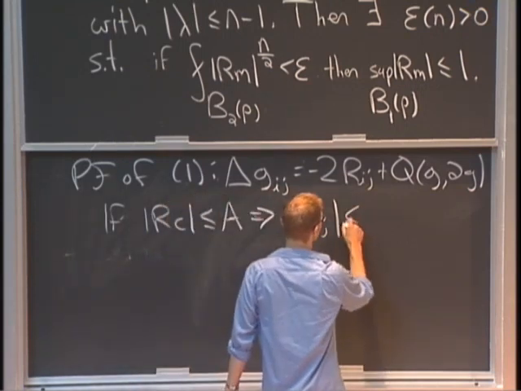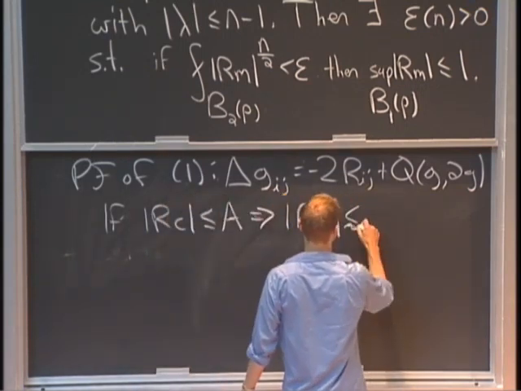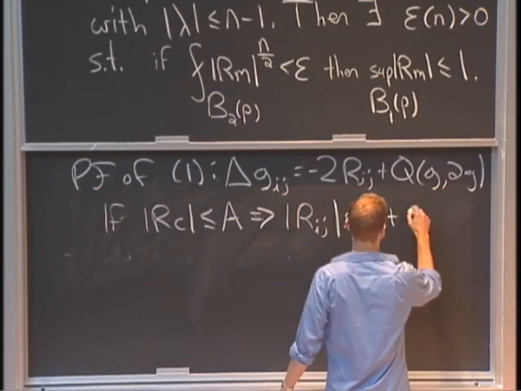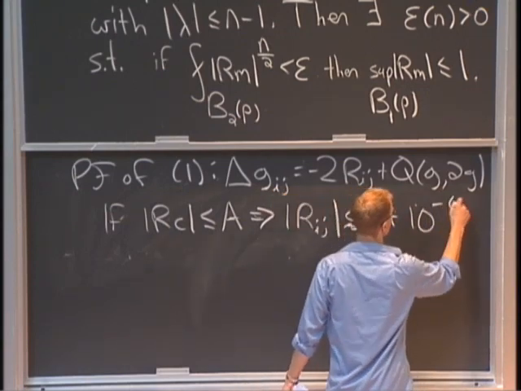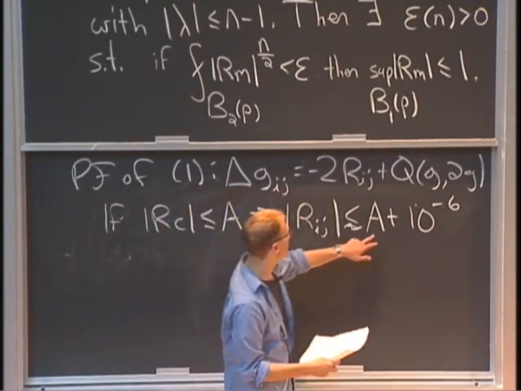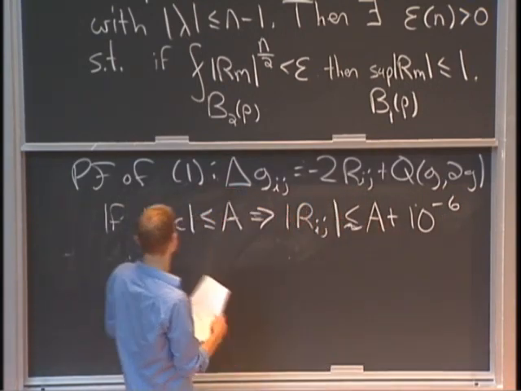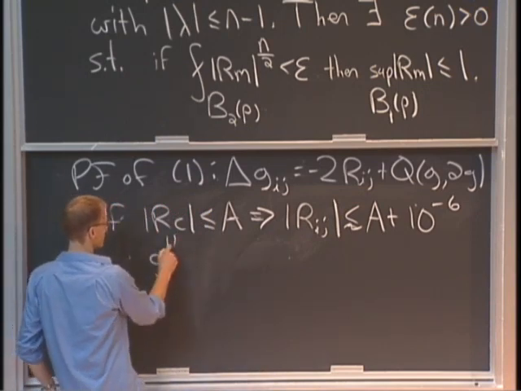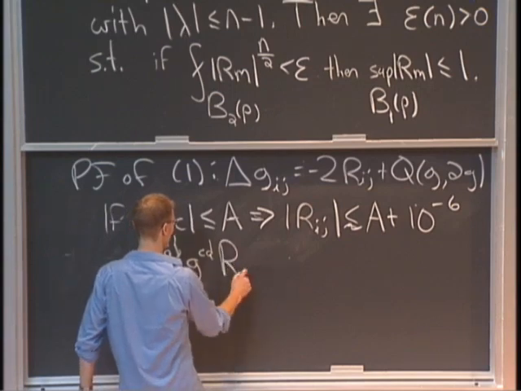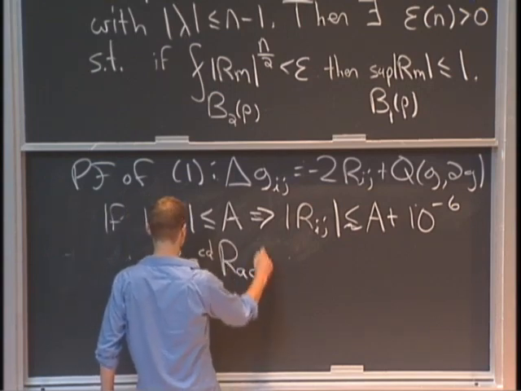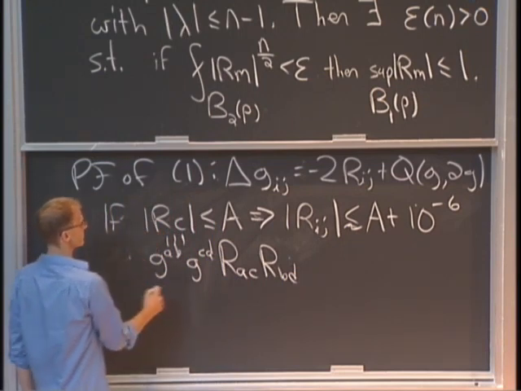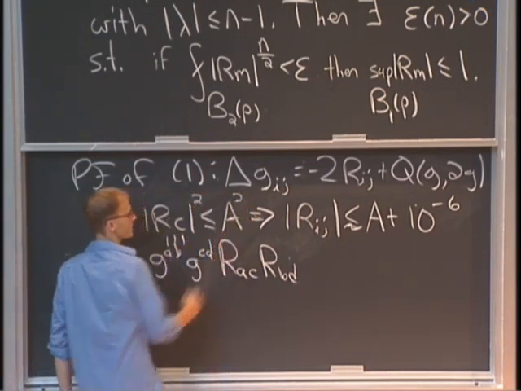I mean, this is less than or equal to, well, roughly A also, but let's just say A plus, what is it, some 10 to the minus 6, roughly. It's not exactly that, but I'm basically saying it's A plus whatever the error is from this being the metric, because this here is gAB, gCD, RAC, RBD, right? So I mean this is the definition of this guy here. Let me square it so I can do that.